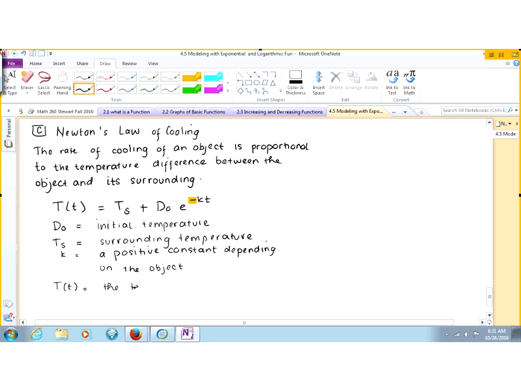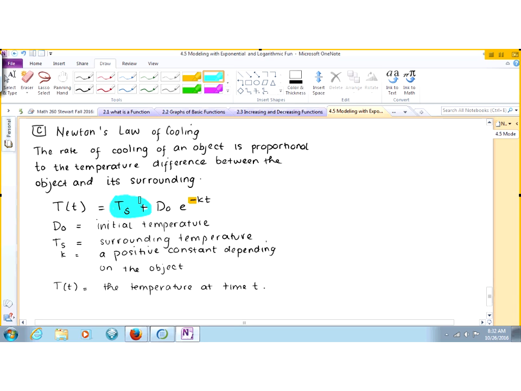What is P of T? It is the temperature at time T. So this is actually an exponential decay model, but what is the difference?